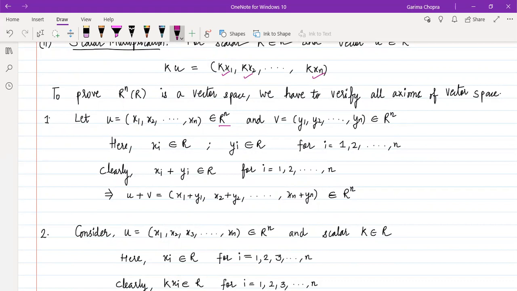So this xi plus yi will be a real number. And since this xi plus yi is a real number, this u plus v, which is this n tuplet whose ith component is xi plus yi, will belong to the set of vectors, which is here the Cartesian product of R n times, the n dimensional space. And this will prove our first axiom that vector addition is closed in set V.